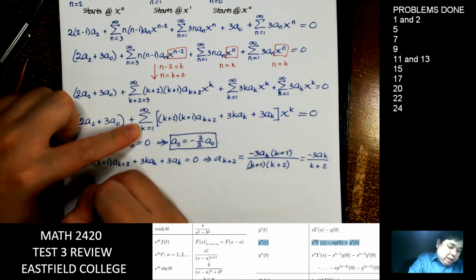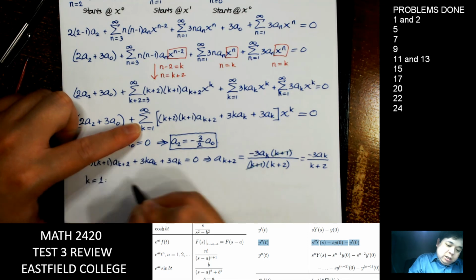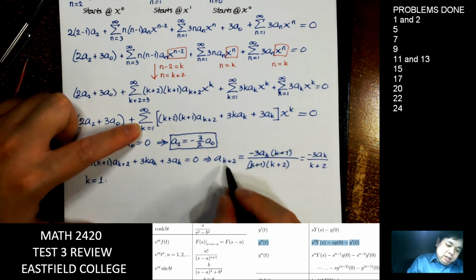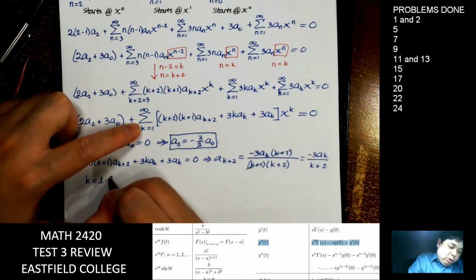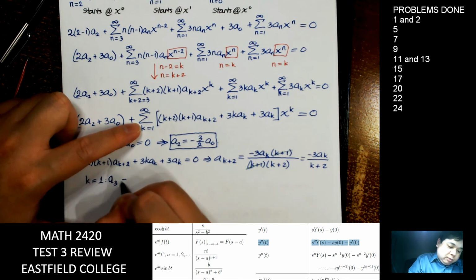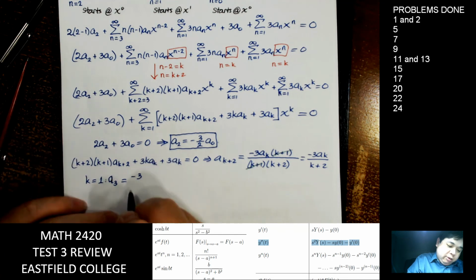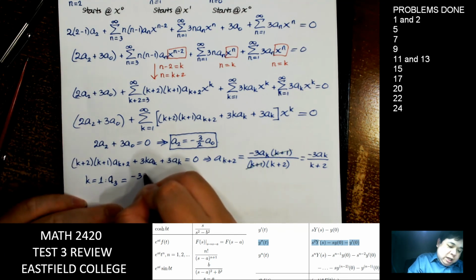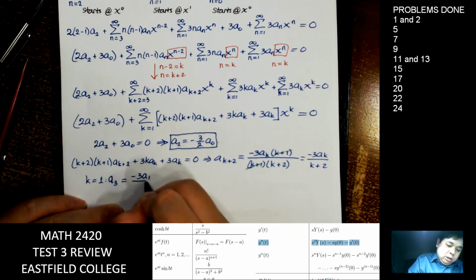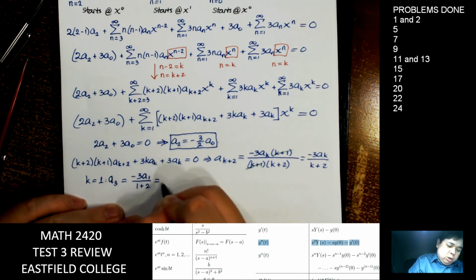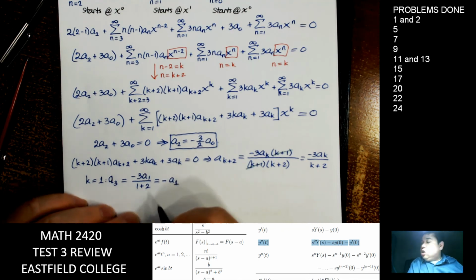So k equal to 1, we put 1 in here, so a3 equal negative 3, k equal to 1, so negative 3 a1 over 1 plus 2, so it's negative a1. Check real quick.